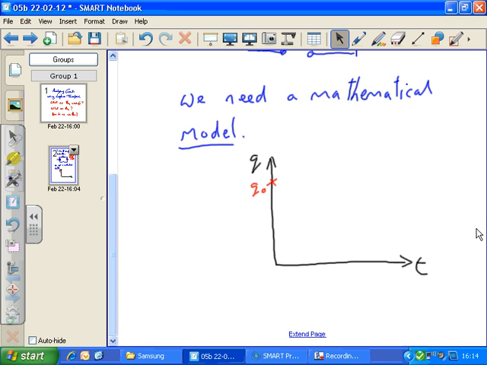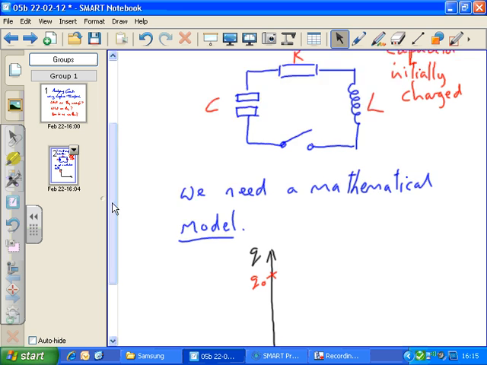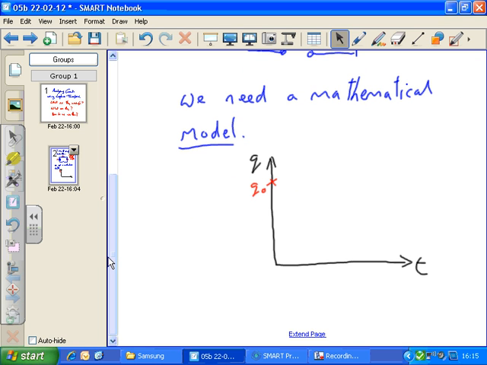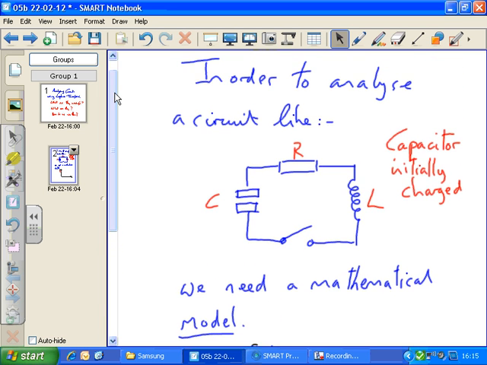We could just build a circuit with certain values of R and C in it, close the switch, and then observe what happens. And you'll do that with a particular circuit. However, it would be useful to be able to analyze the effects on the circuit of changing the values for the capacitor, the resistor, and the inductor.